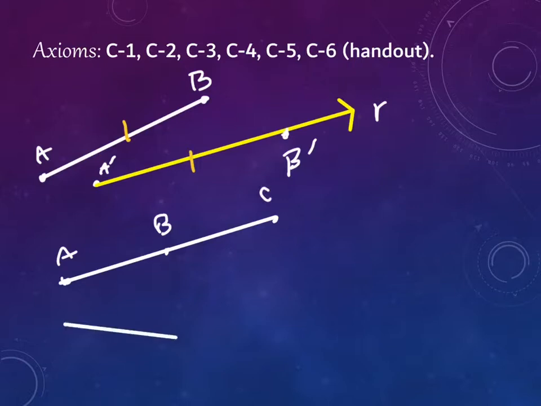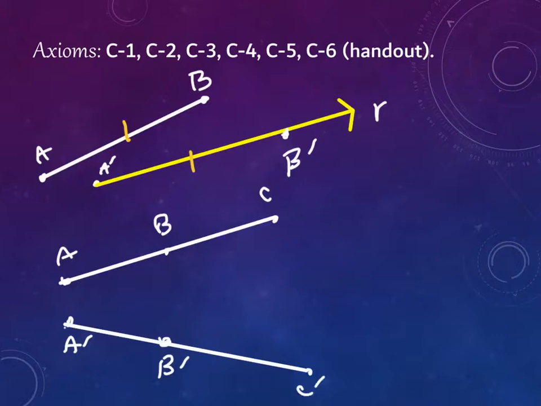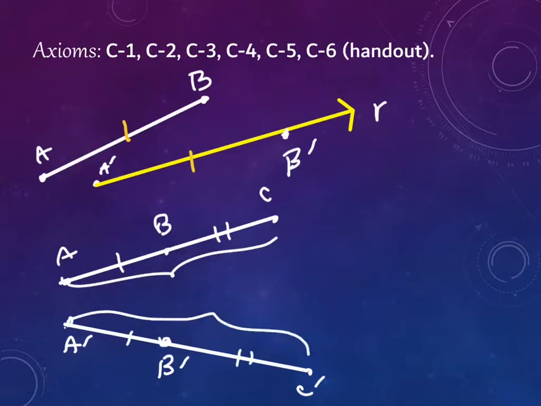And then there's some other segment, A prime, B prime, and C prime. And so we are saying that if AB is congruent to A prime B prime, like this, and BC is congruent to B prime C prime, then the whole segment here is congruent to this whole segment here. And you've probably heard that called segment addition before. Right? If you add the segments together, they're going to still be equal as we create a new longer segment.